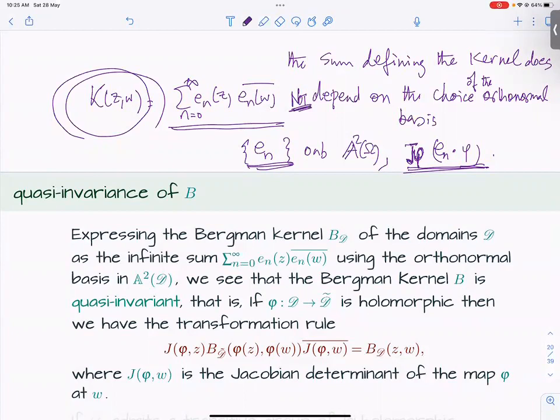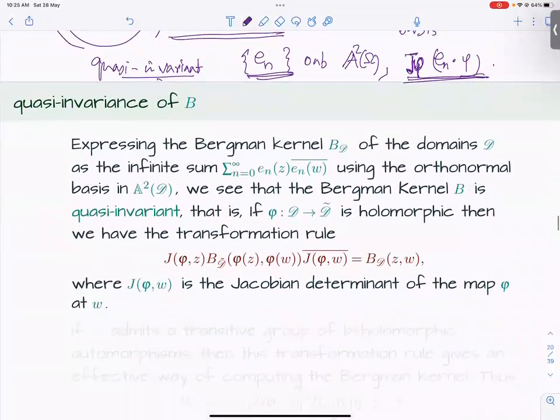That gives what we call the quasi-invariance of the Bergman kernel. So the Bergman kernel is what is called a quasi-invariant kernel.